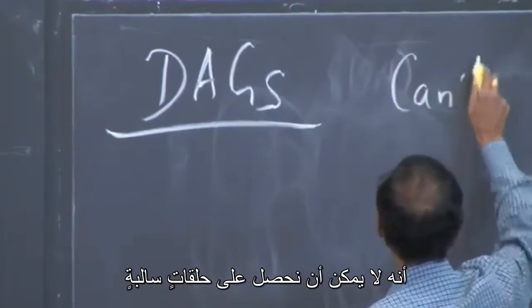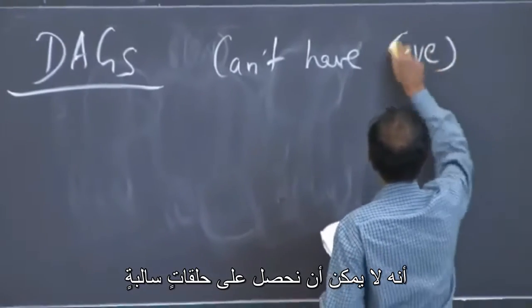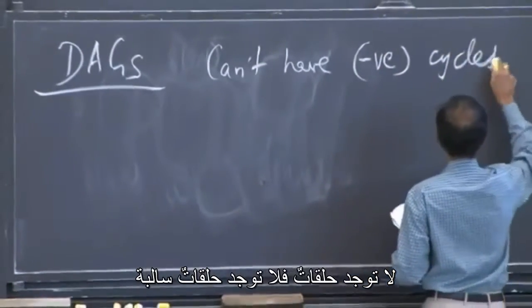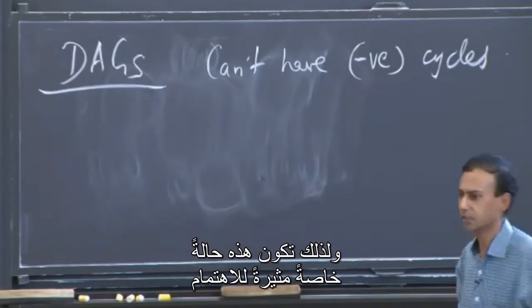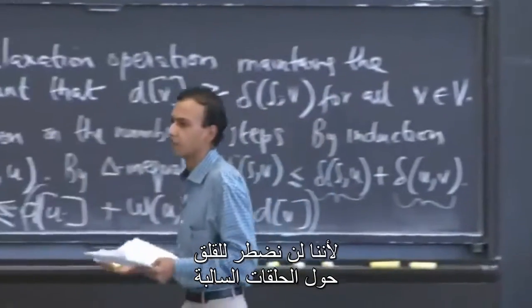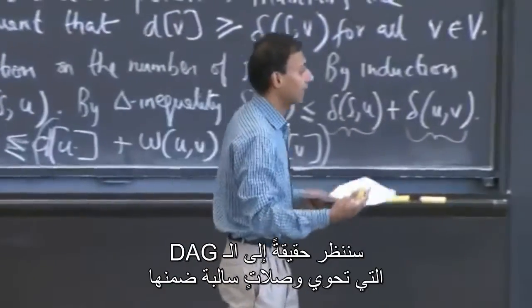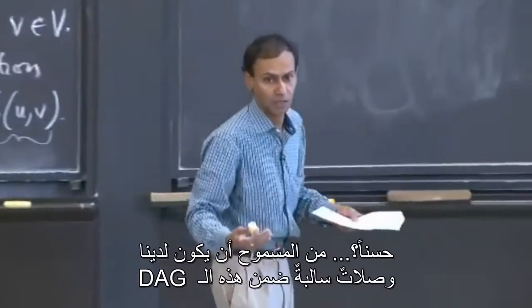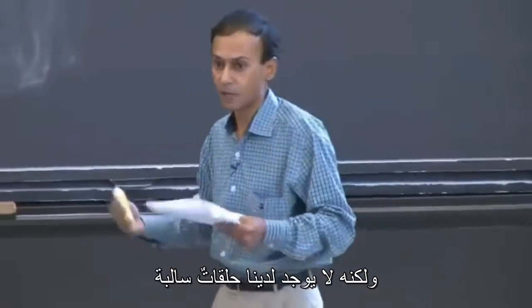So that means we can't have cycles, so we can't have negative cycles. So that's why this is an interesting special case. It makes things a little bit easier for us because we don't have to worry about negative cycles. We're actually going to look at DAGs that have negative edges in them. All right, so we're allowed to have negative edges in these DAGs, but we don't have negative cycles.